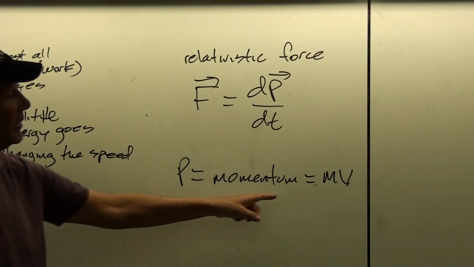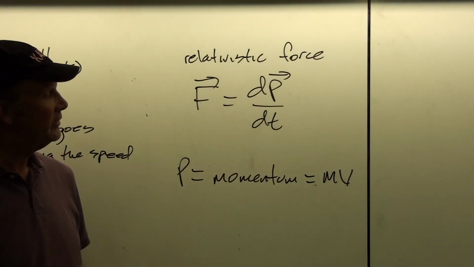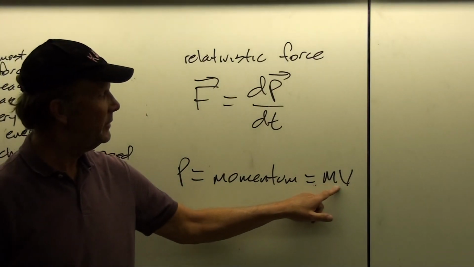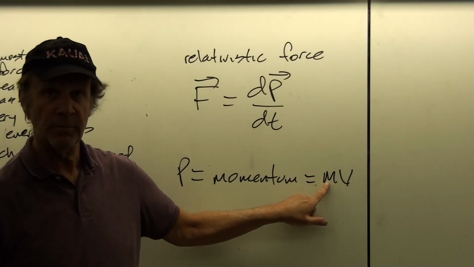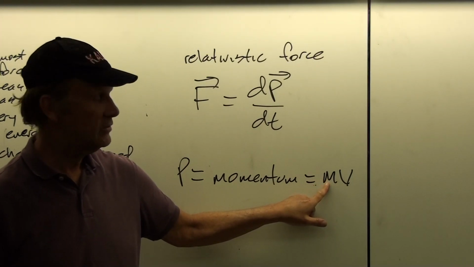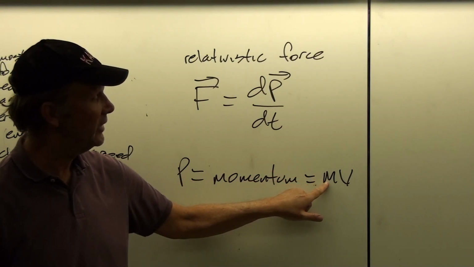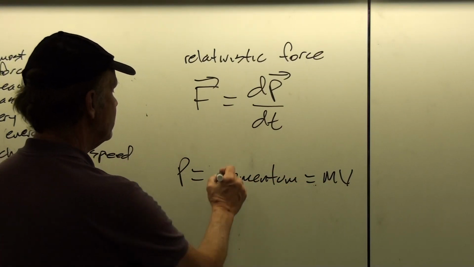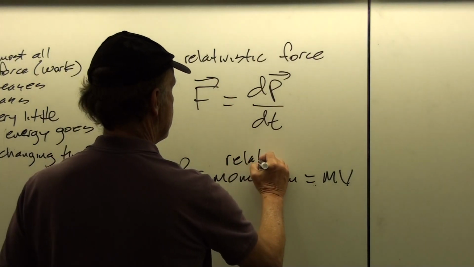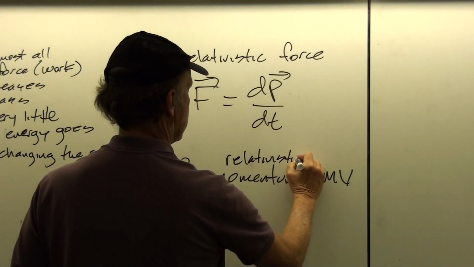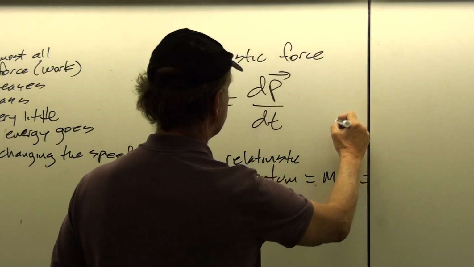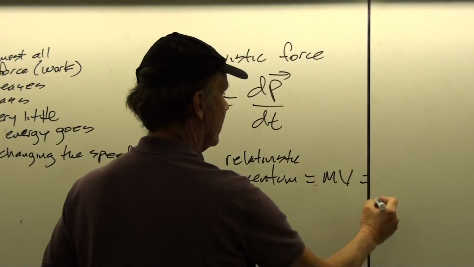But we've already seen in that previous example that to maintain conservation of momentum, the mass has to increase. So this isn't our regular momentum equation, but is rather our relativistic momentum, where this is our relativistic mass times velocity.